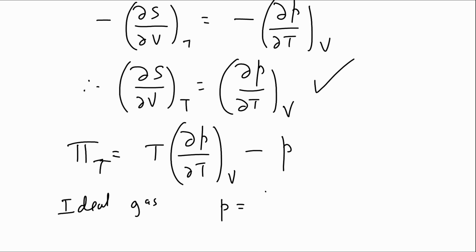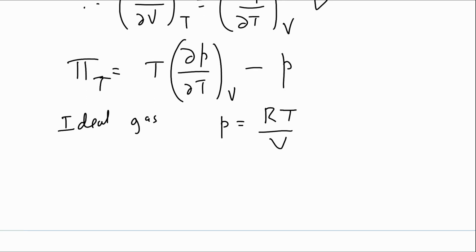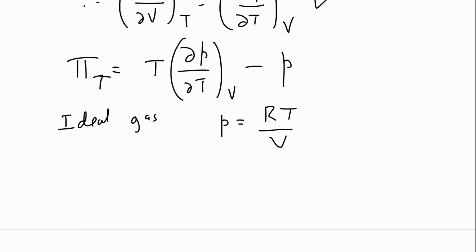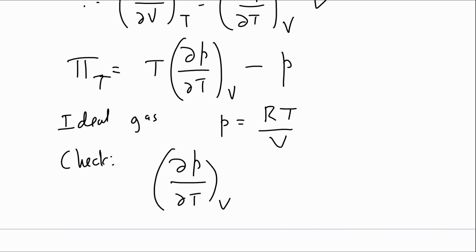P equals RT over V, right? Partial P, partial T at constant V. So I take the right-hand side, RT over V. It's very simple. Don't let that stop you.